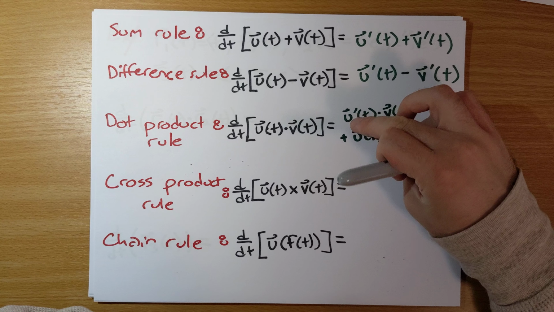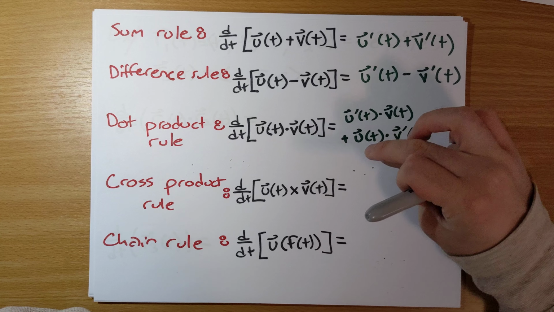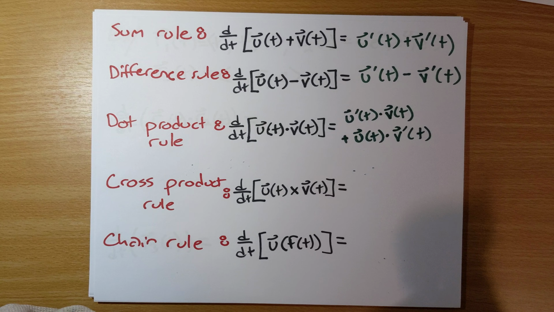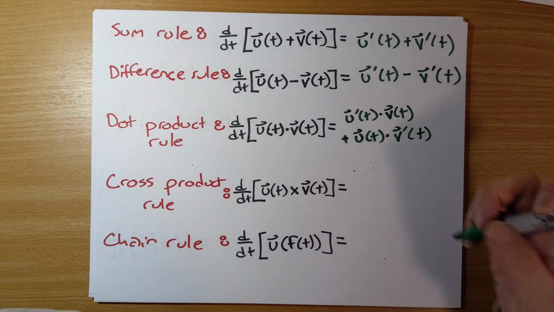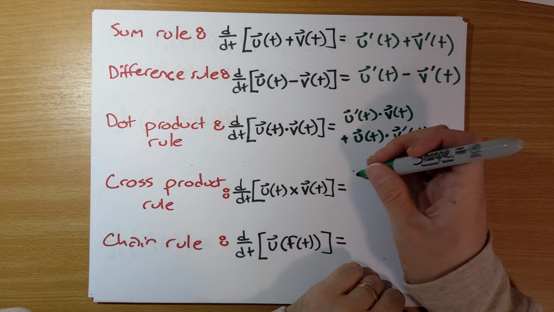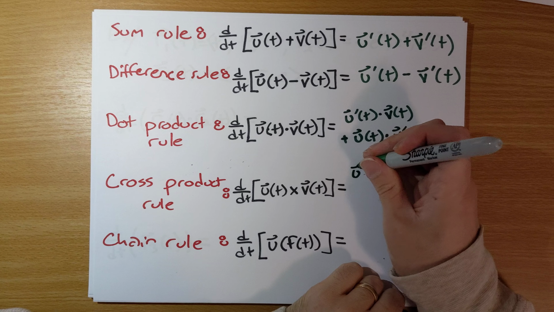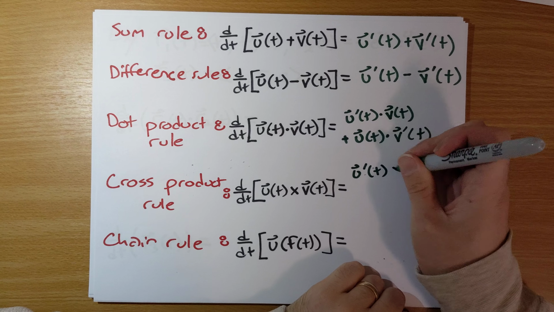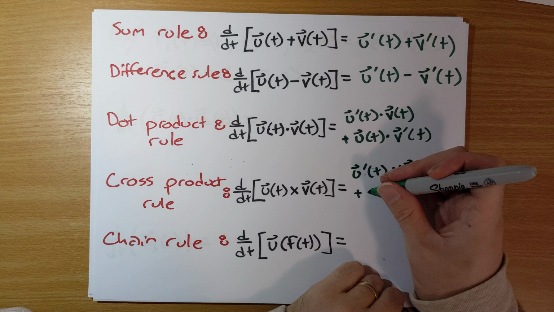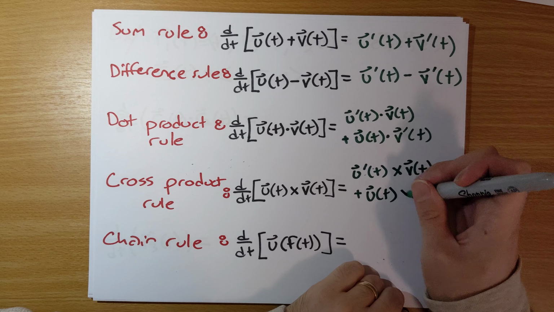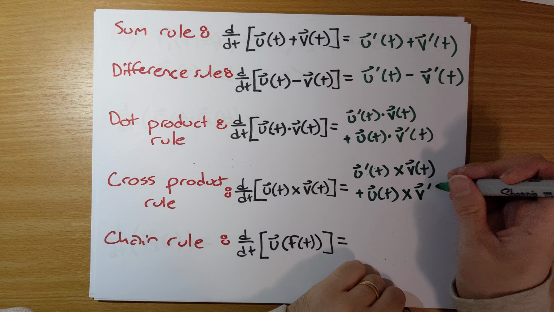The derivative of the first function times the second plus the first function times the derivative of the second. In the cross product rule, the derivative of u of t cross v of t is going to be the same thing, u prime of t cross v of t plus u of t cross v prime of t.